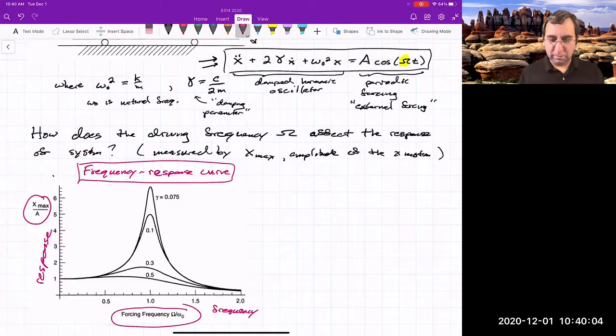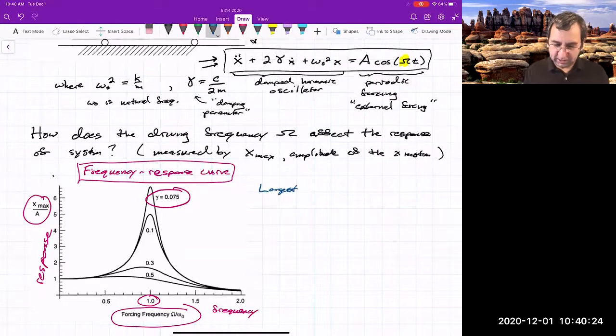And this is showing different values of damping. When there's very low damping, you get this big response right at that natural frequency. This is what's important. You get the largest response by far.